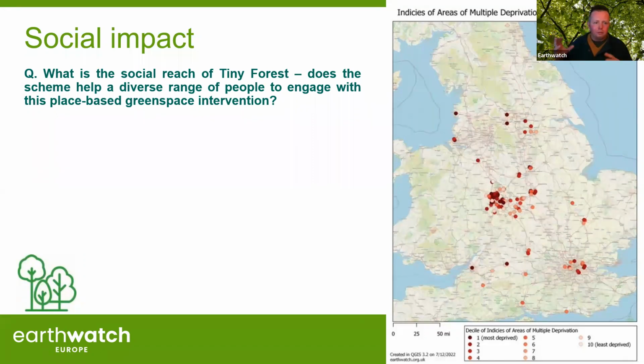It's government statistics that cover various factors, including health, employment, housing and green environment. And we as an organisation are aiming to plant more forests in areas of multiple deprivation because these areas also have limited access to green space. So this is where we feel that things like a tiny forest will have a greater impact.